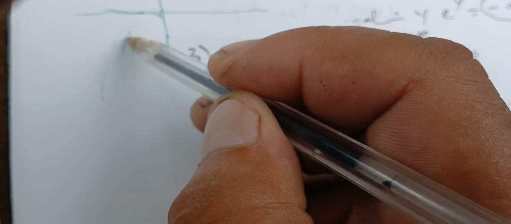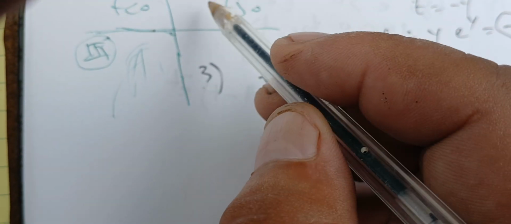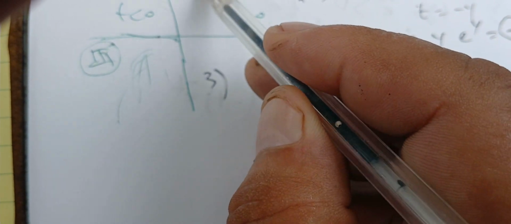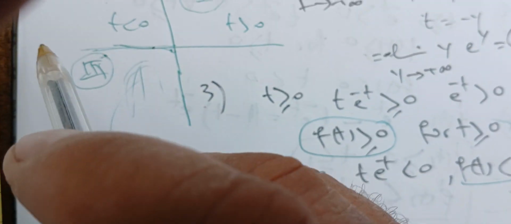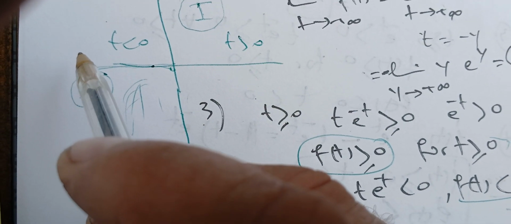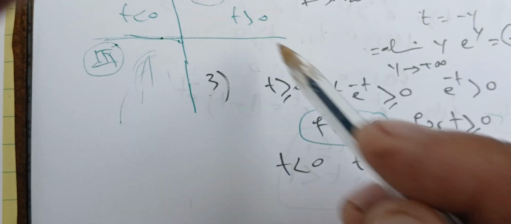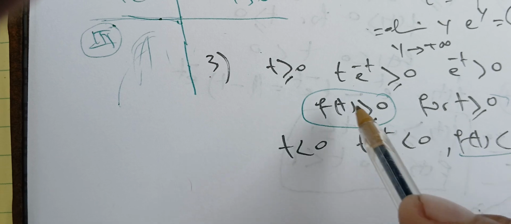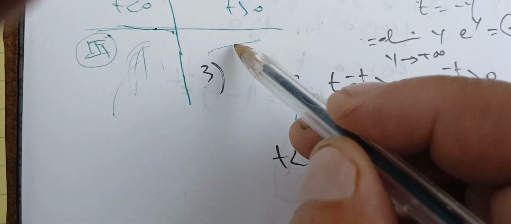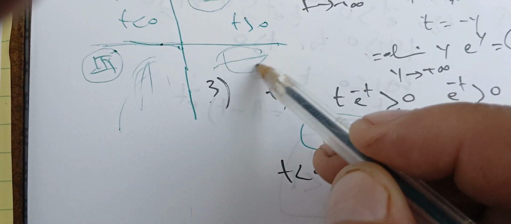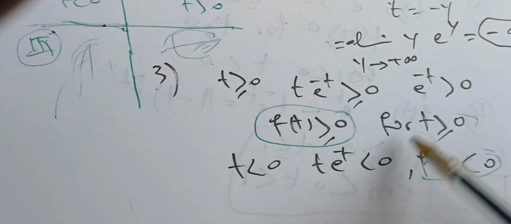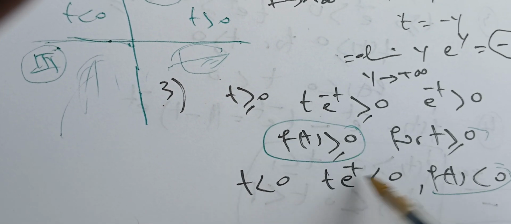My function will be here on the third quadrant. And when f of t is bigger than 0, my function is going to be here in the first quadrant. So here I can check: if I graphed and found that f of t is bigger than 0 and I see my graph is here, that means something is wrong. It should not be here because of this. This will help us in graphing.